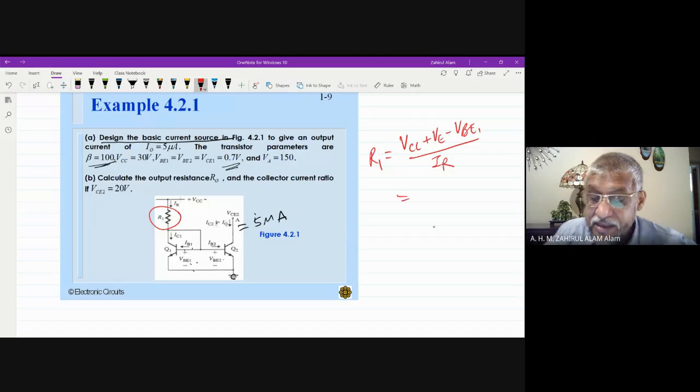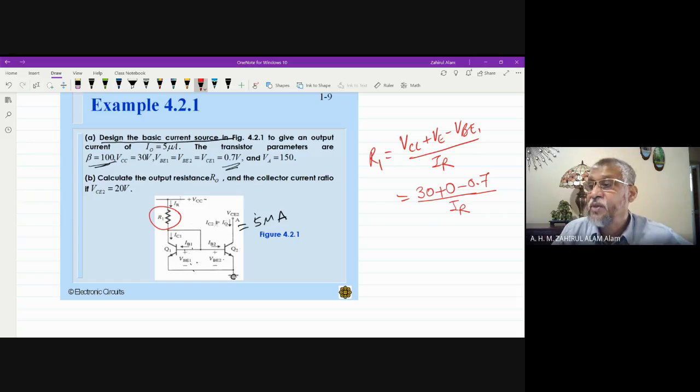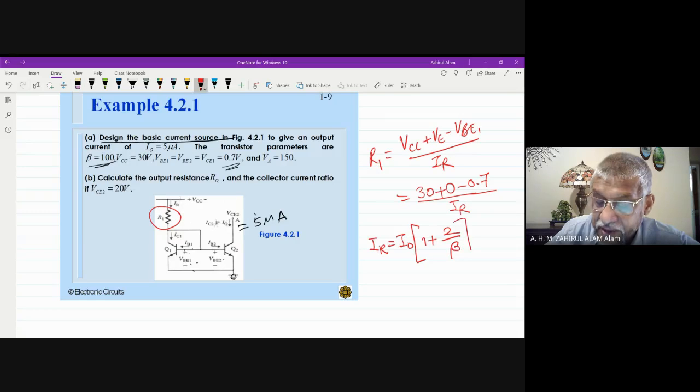So this is 30 plus 0 minus 0.7 divided by IR. But we don't know the value of IR. But we know the relation: IR equals I naught times 1 plus 2 divided by beta.